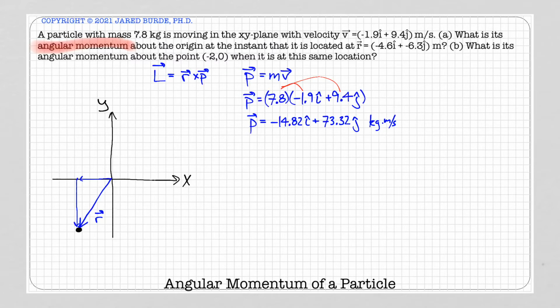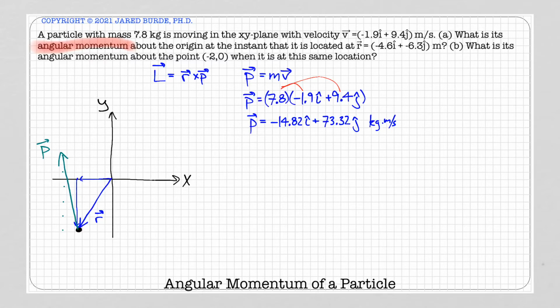That's the units of momentum. It doesn't really matter how big we draw it on the graph. This is a graph that's measuring position. It's not measuring momentum, so we just need to draw this proportionally. We can notice here this is about 5 times as big as that, and so when we draw it, we should draw the y component about 5 times larger than the x component. And here we have the momentum vector.